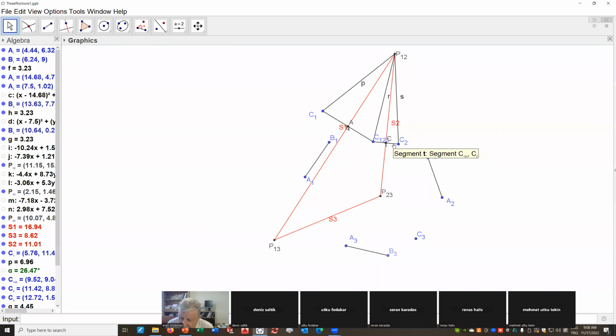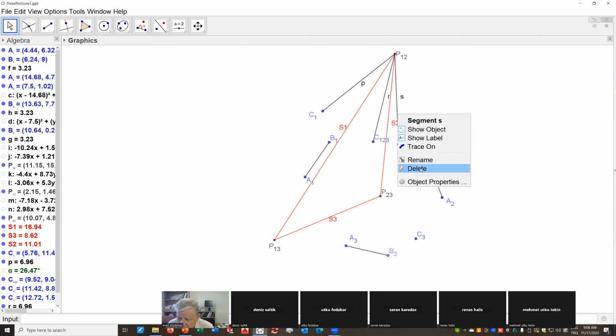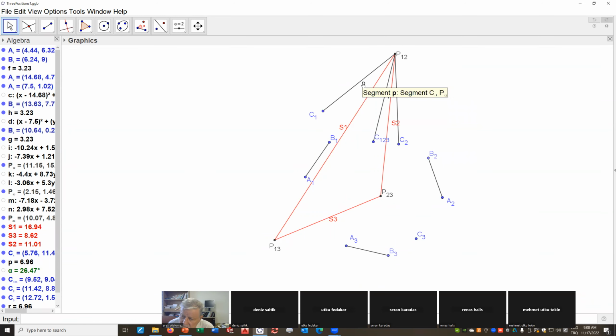I will delete these because I don't want to complicate the figure. I will delete these also. Oh, let me keep that. But I have to hide the labels, otherwise I'll get into trouble. There will be too many numbers or letters on the board.